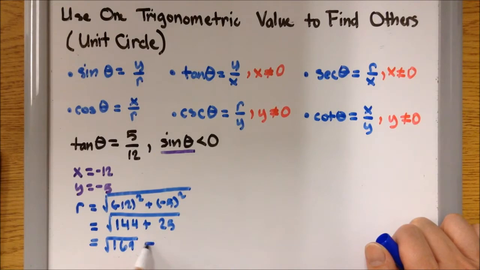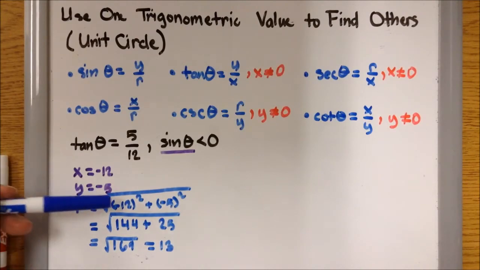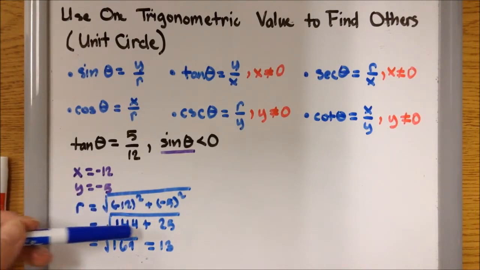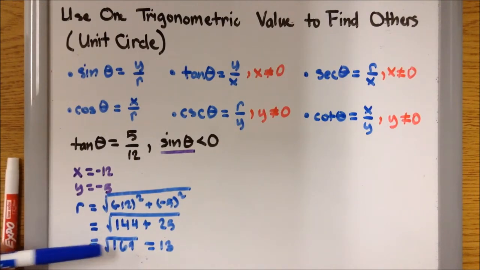The square root of 169 is 13. So r is 13. So again, I use the true value of x, the true value of y, plug it in, did the square of both, combine them, then square root the total, which was 169, and it equals 13.